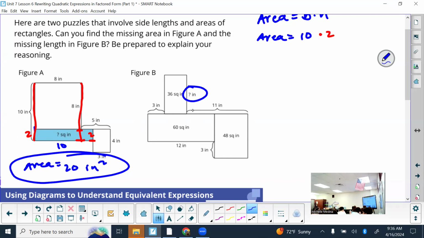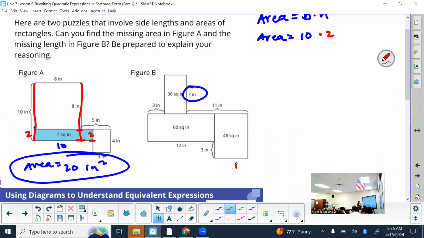Look at what else you are given. What are some side lengths that we can identify? Table 6, can you identify the side lengths of any of the other rectangles? For the one on the very right in the bottom, the base would be 6.